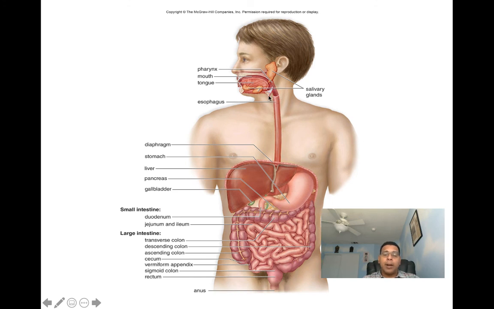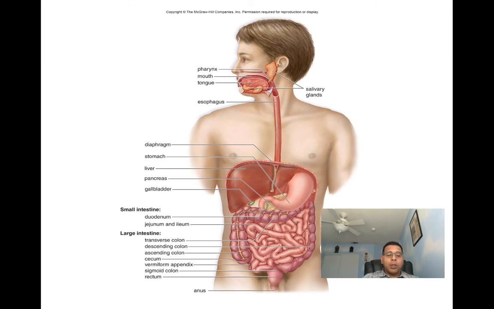You can see the larynx and the trachea have been removed. They would be right here in the front. And then here, food is going to make its way down into the esophagus. From the esophagus, it makes its way down into the stomach. From the stomach, then we said into the small intestine. And then from the small intestine up into the large intestine. From the large intestine, then you can see into the anus and then out.